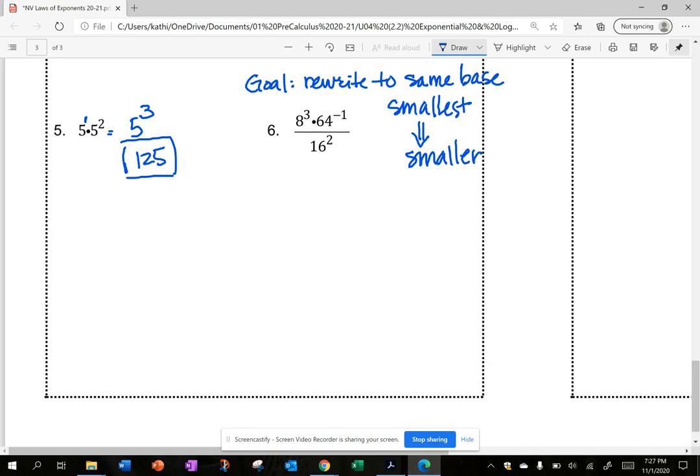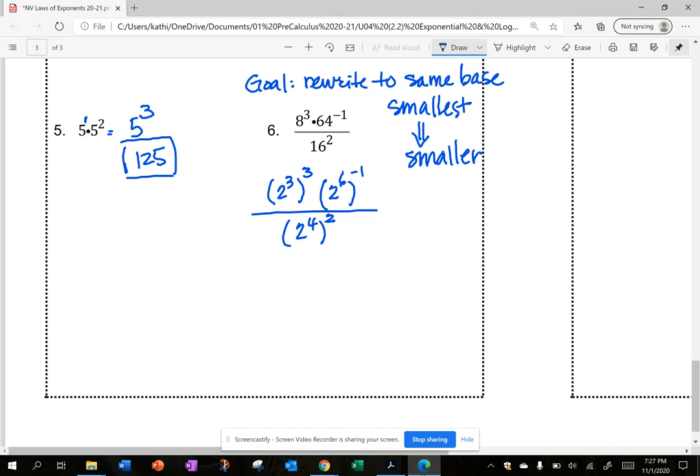So I'm thinking of 8 as 2 cubed. So this is 2 cubed raised to the 3rd power. 64 is 2 to the 6th to the -1 power. And 16 is 2 to the 4th squared.